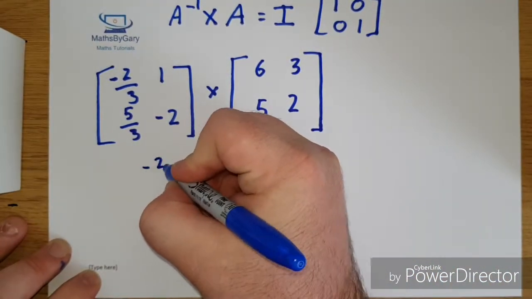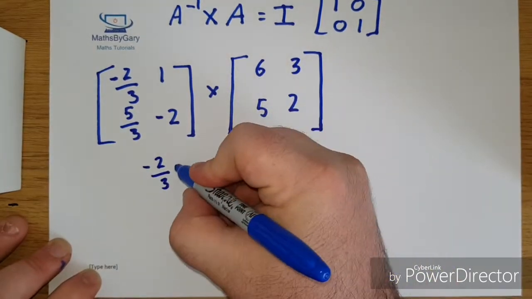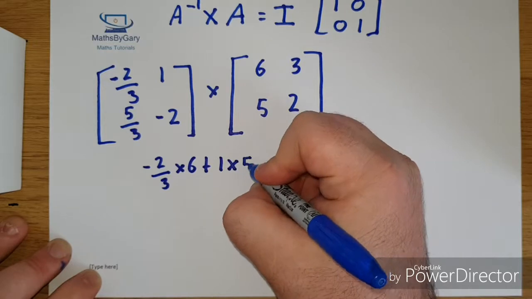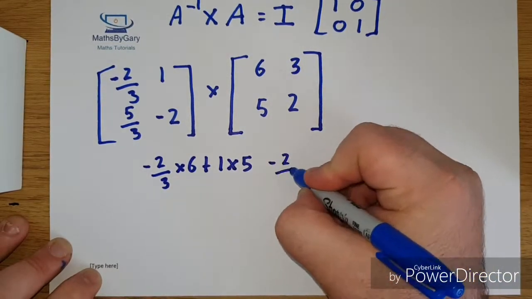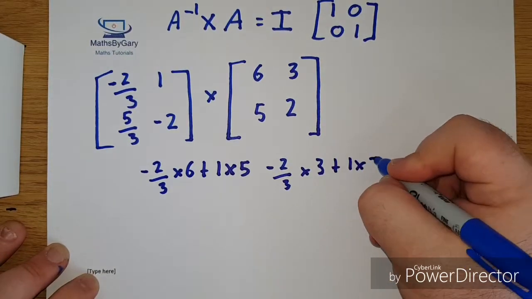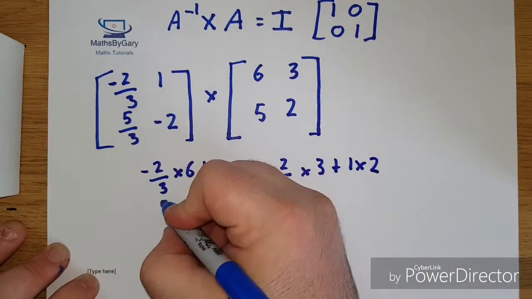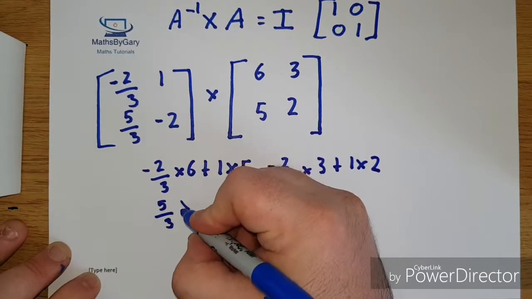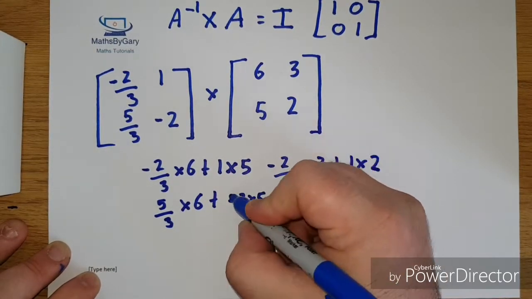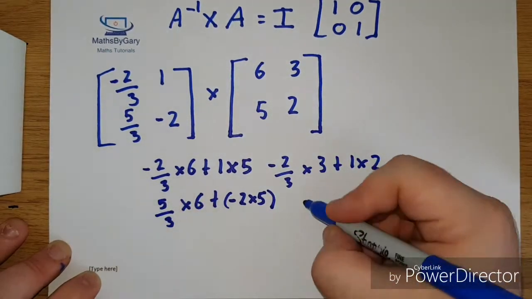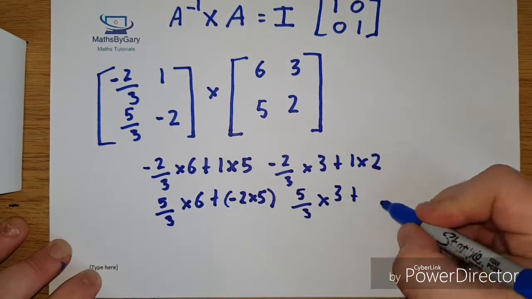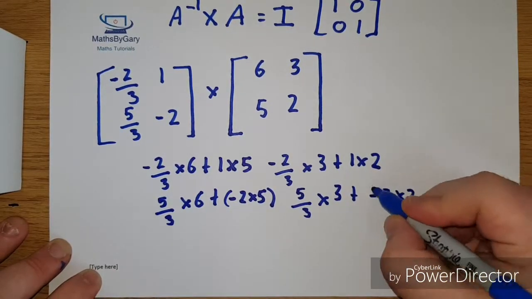So we'll start: minus 2 over 3 times 6 plus 1 times 5, and then minus 2 over 3 times 3 plus 1 times 2, and then 5 over 3 times 6 plus minus 2 times 5, and then 5 over 3 times 3 plus minus 2 times 2.